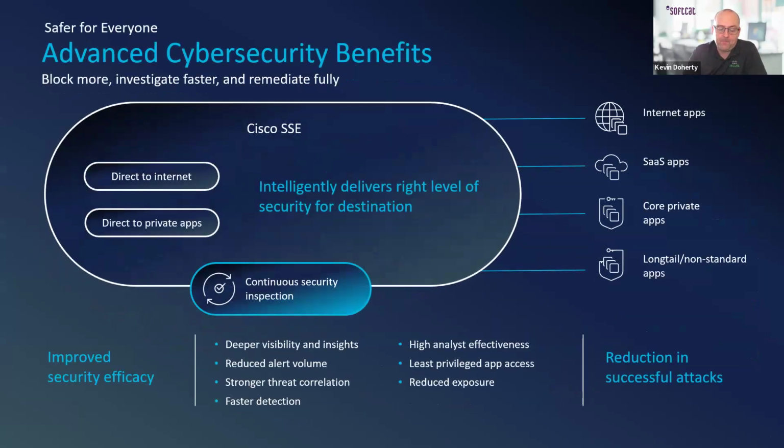So, what do you get with Cisco SASE? Fundamentally, you get a unified solution with advanced cybersecurity benefits that combines software-defined wide area network and your security service edge into a single integrated Meraki dashboard solution. It also sets you on the path for zero trust network access, ensuring secure access by validating users and devices based on identity, posture, and the context of what the user is doing and what applications they're accessing.